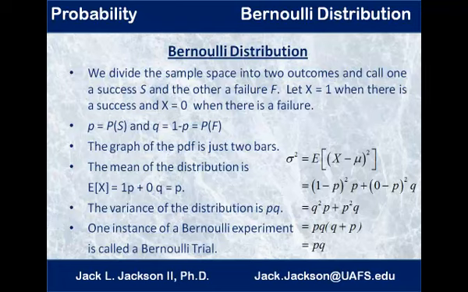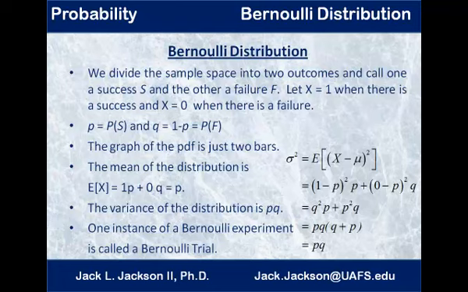Now let's see if we can see that by looking at the computations over there on the right in black. So remember, variance is sigma squared, and that's the expected value of (x minus mu) squared. Again, we plug in our different values for x, 1 and 0, and we get (x minus mu) squared, and then times the probability of x and add those up.